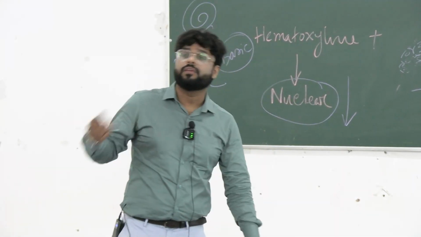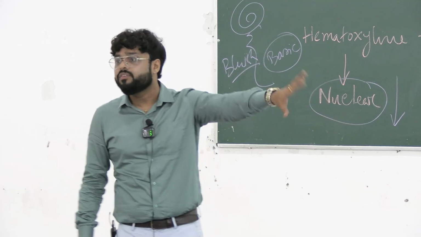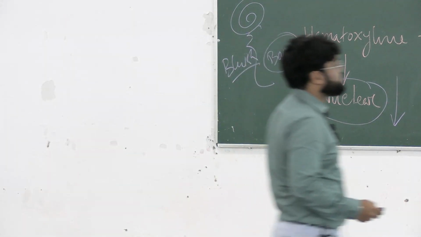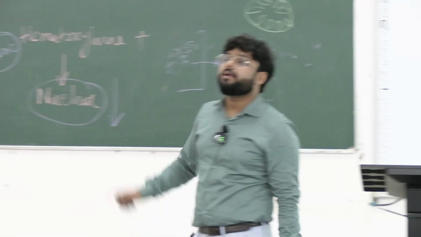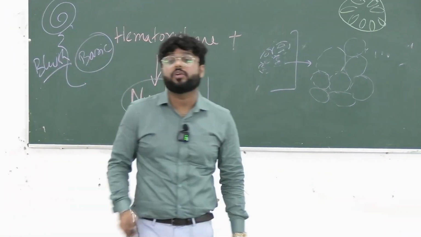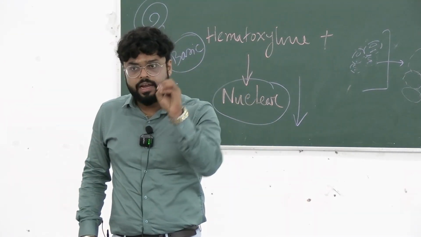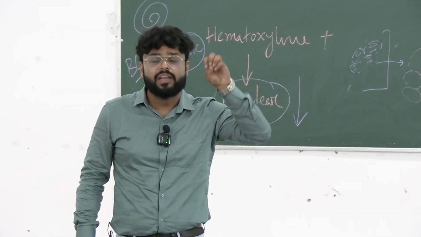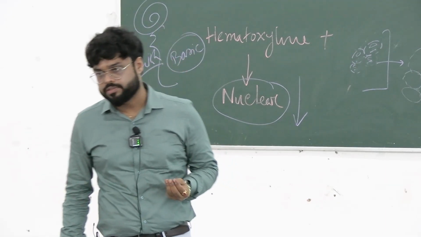There are a hell of a lot of examples of pathological apoptosis, and a lot of examples of physiological apoptosis. Third, in case of necrosis, we see some kind of cellular swelling, bleb formation, etc. But in case of apoptosis, there will be some shrinkage. The whole cell undergoes change into very small shrunken bodies known as apoptotic bodies.